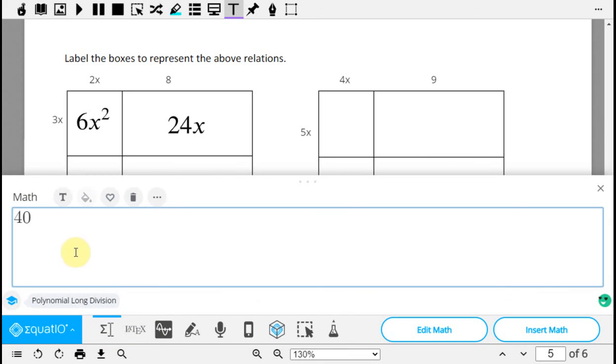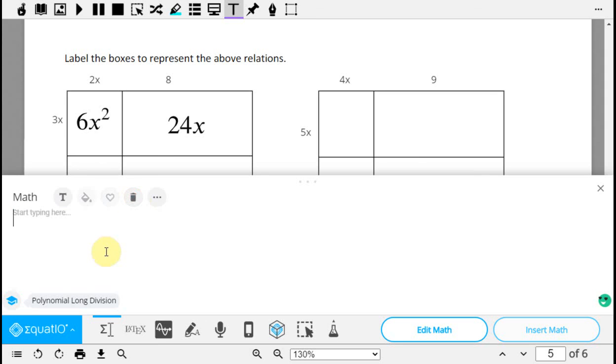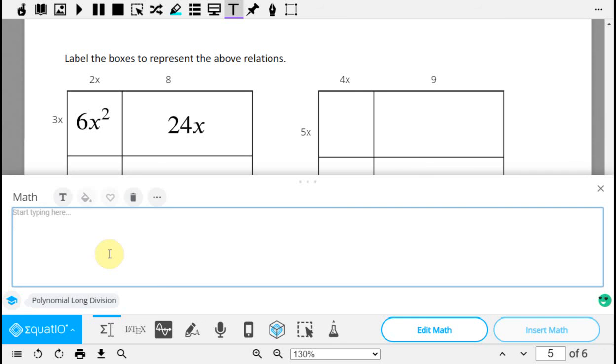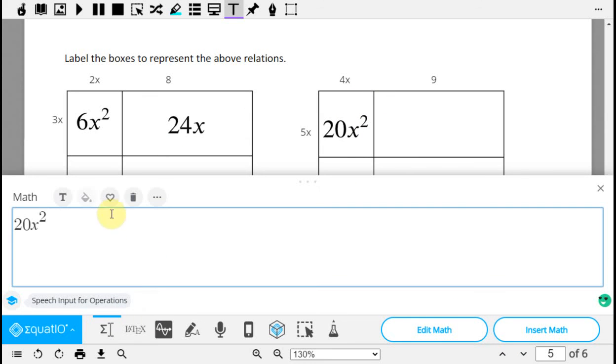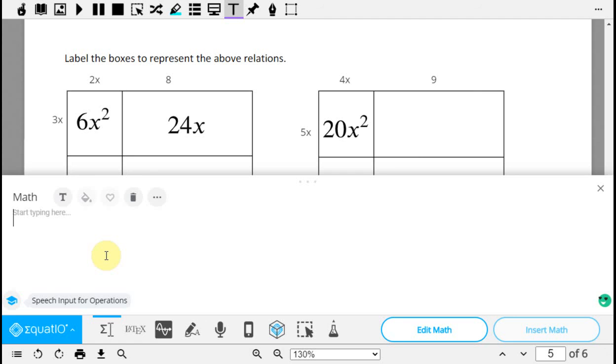Multiplying, we get 5x times 4x is 20x squared. 5x times 9 is 45x.